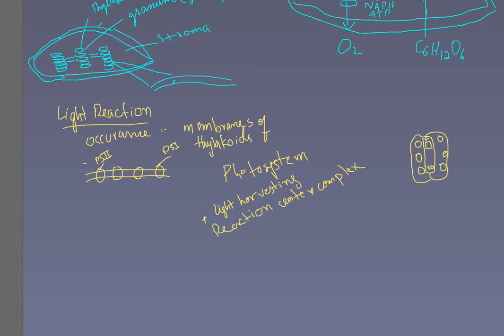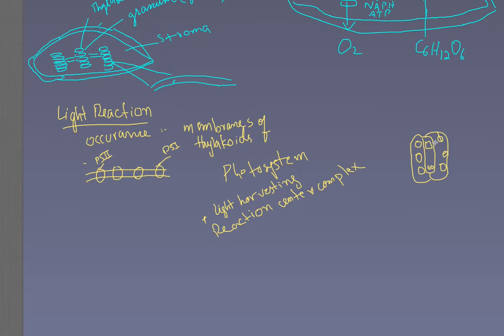This whole structure is called the photosystem, and these half oval shapes are the light harvesting complexes. These parts of the photosystem collect light and pass this energy down to the chlorophyll a molecule, where it excites the electron and passes it to the reaction center complex, and this reaction center complex pushes the electron forward for the process to occur.